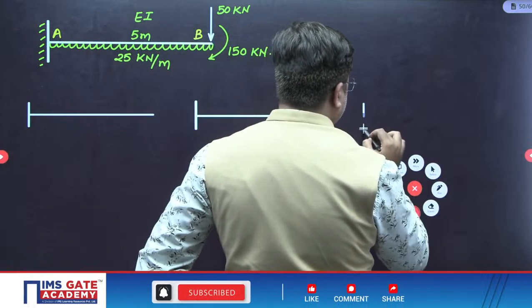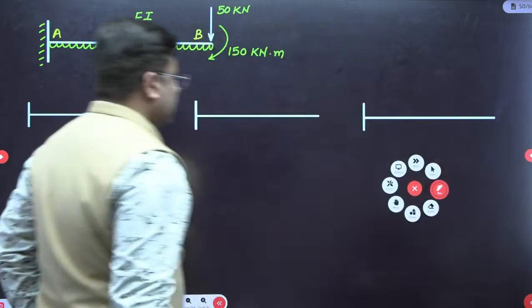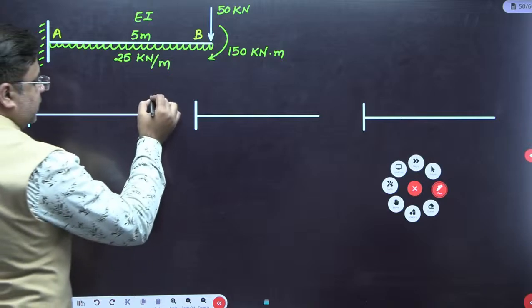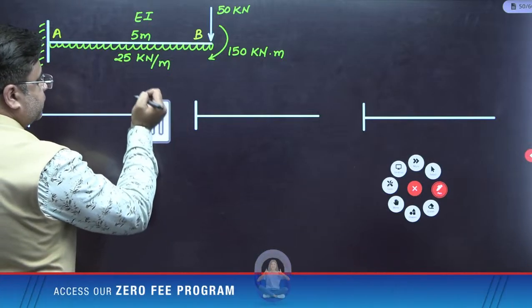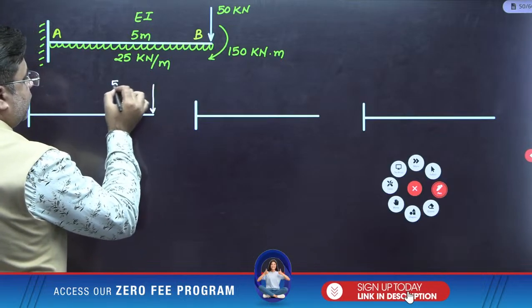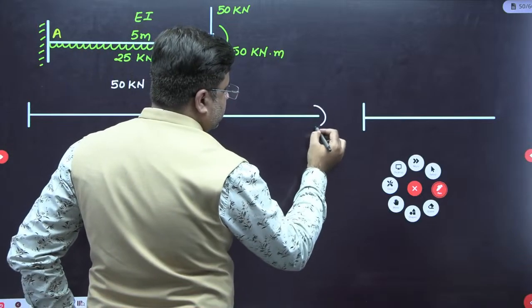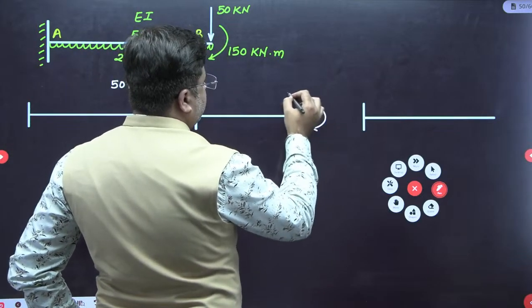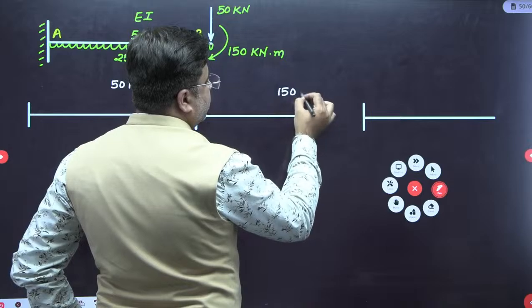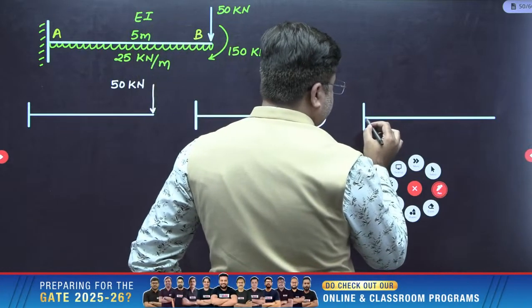So 3 loadings are there. Let me take one load at a time. First, I will consider this point load here. The value is 50 kilonewton. Second, I'll take the moment. Value is 150 kilonewton meter. And third is the UDL acting like this.